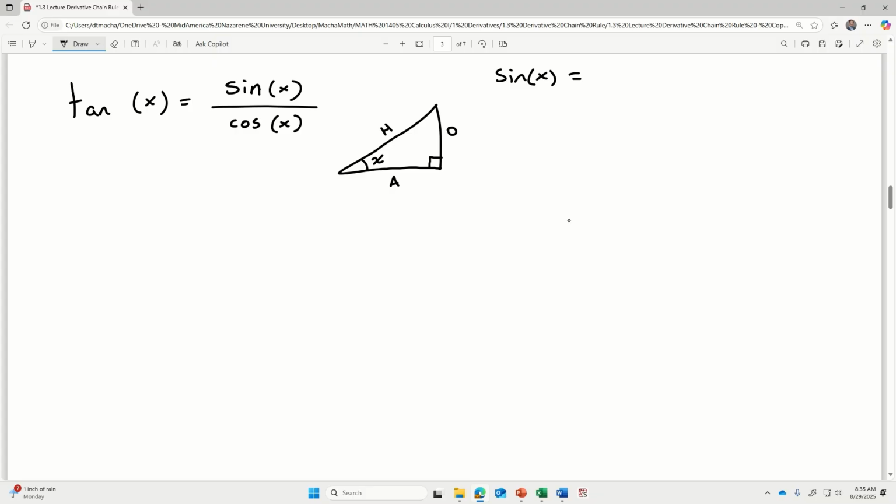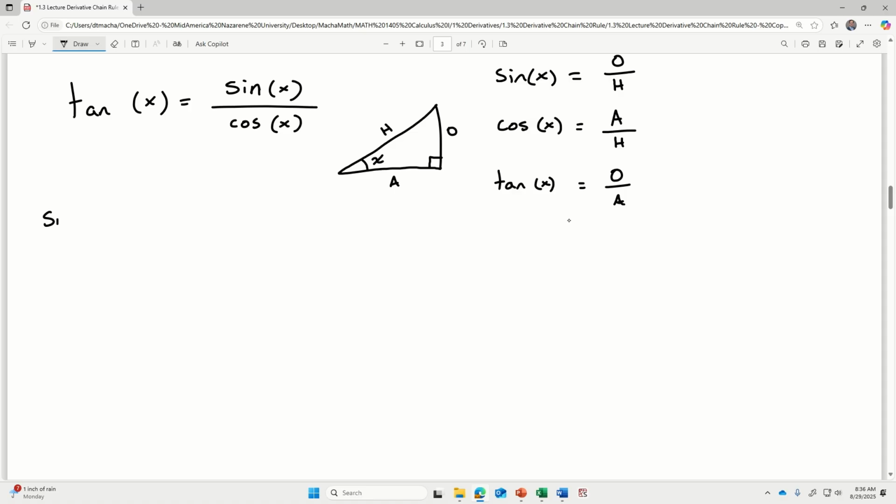Sine is a function that tells me the ratio of the opposite side to the hypotenuse. Cosine of x is a trig function that tells me the ratio of the adjacent side to the hypotenuse. And tangent of x is defined as the ratio of the opposite side over the adjacent side.